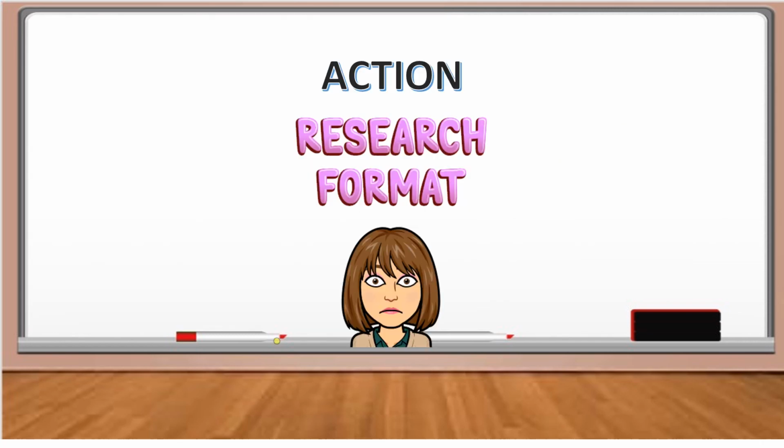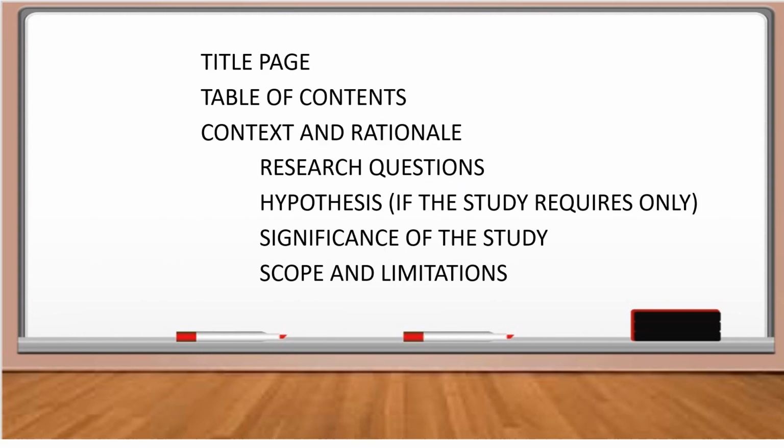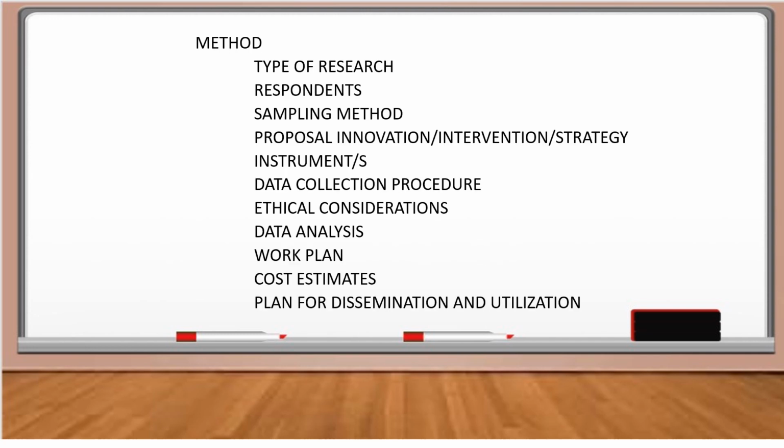What is the format for the action research? For the action research format, these are the title page, table of contents, context and rationale. Under this, we have the research questions, hypothesis if the study requires only, significance of the study, scope and limitations. We have also method.